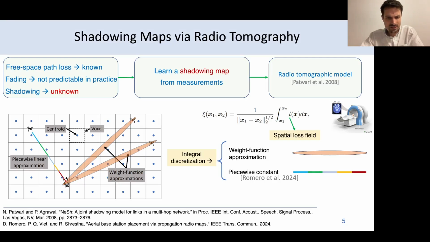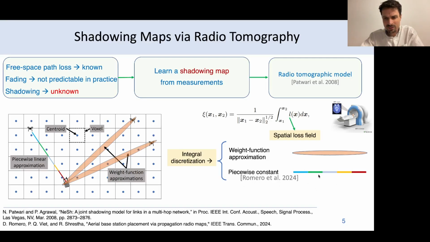So this has several problems. For example, it may be the case that there are no centroids inside the ellipse, which would predict a zero shadowing, even though this may be highly inaccurate. And the approximation will also be discontinuous.